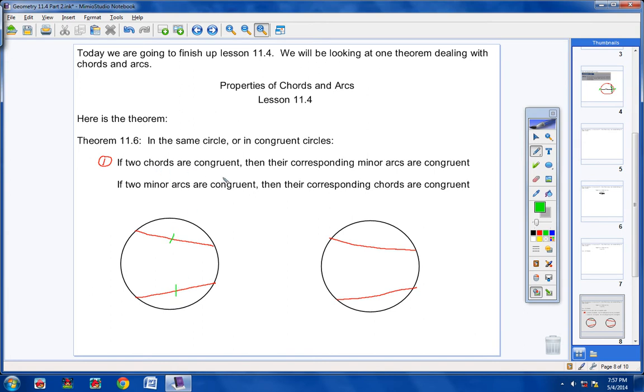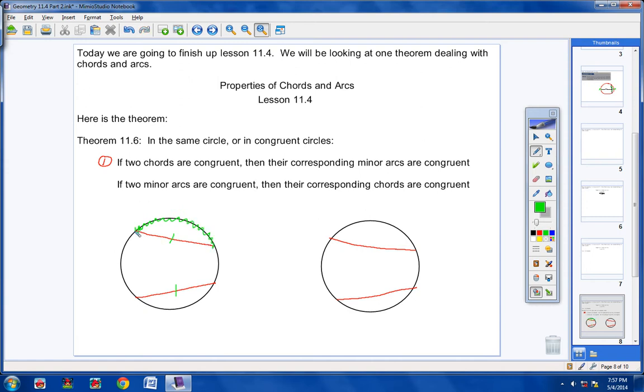If two chords are congruent, then their corresponding minor arcs are congruent. Now please listen. Do you see this chord here? Good. Do you see this chord here? Good. Here is the minor arc for this chord right here, this chord right here. Here's the minor arc right here.